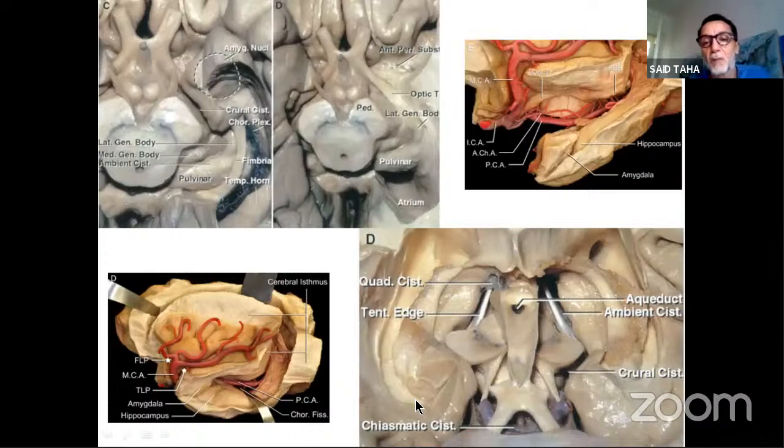Here, an anterior superior view with the removal of the brainstem, thalamus, and superior peduncle, and we have here the temporal horn with the hippocampus.